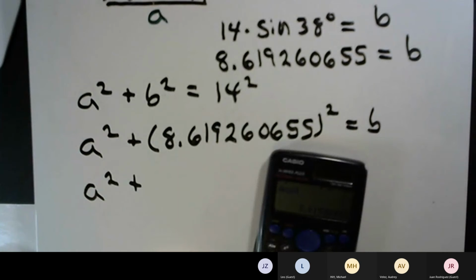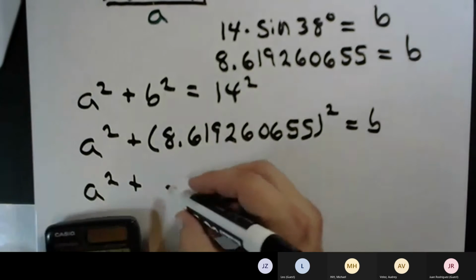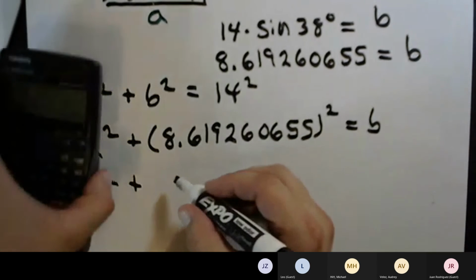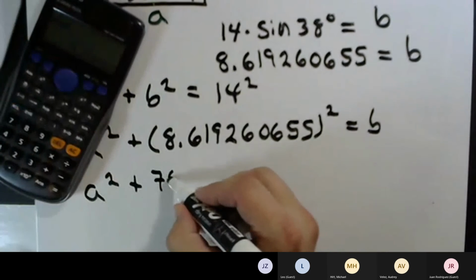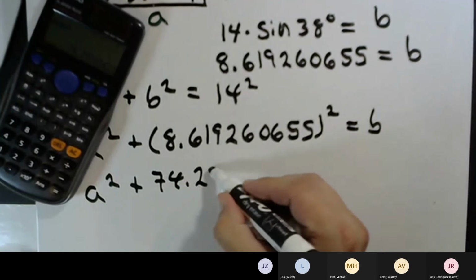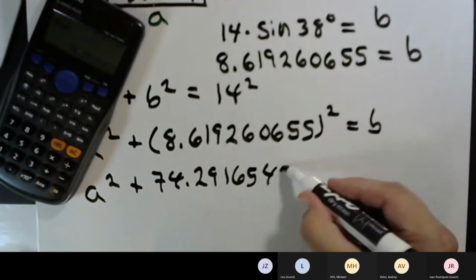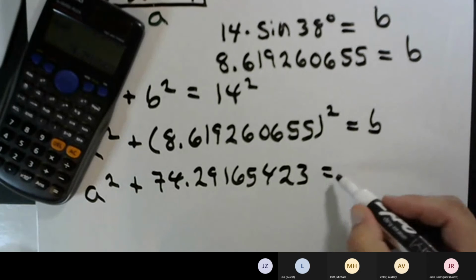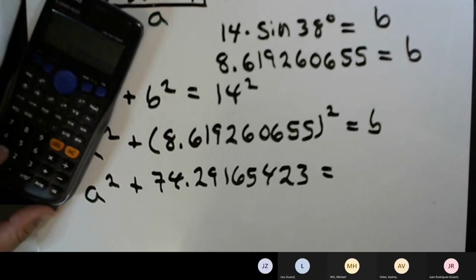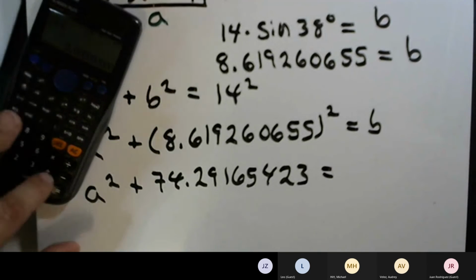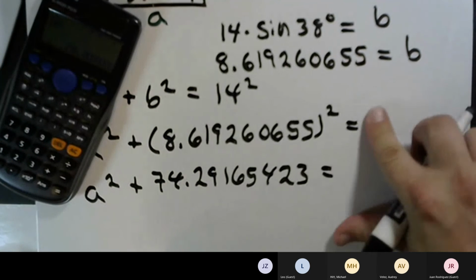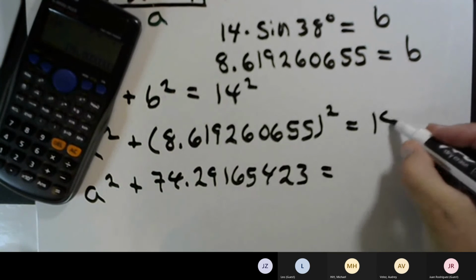Answer squared is going to be 74.29165423. And then 14 squared. Oh, I'm sorry, why did I put b there?